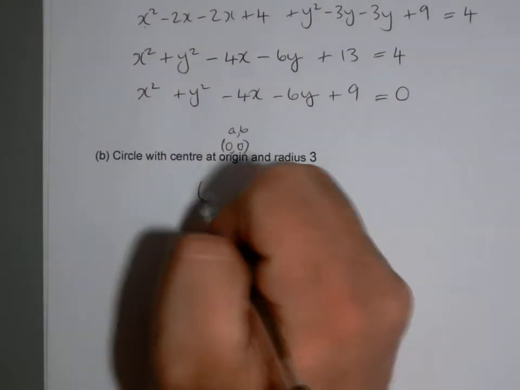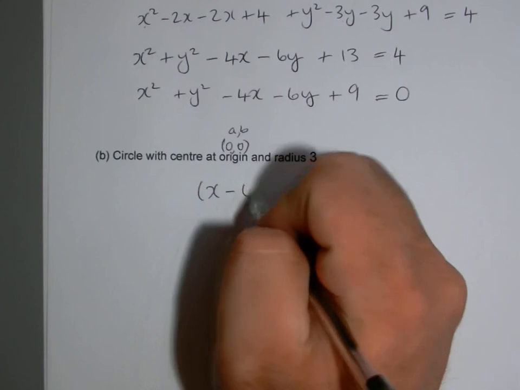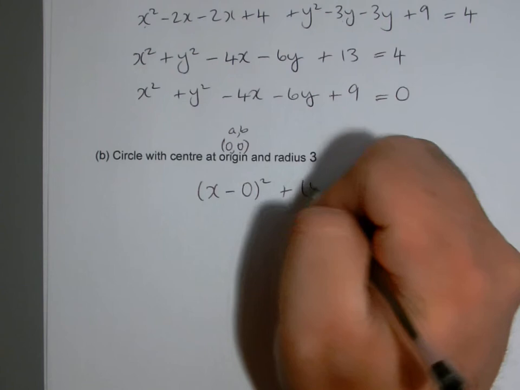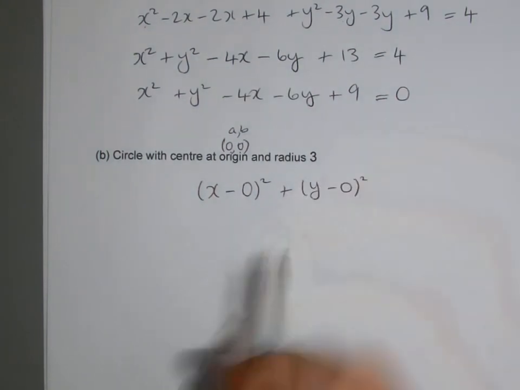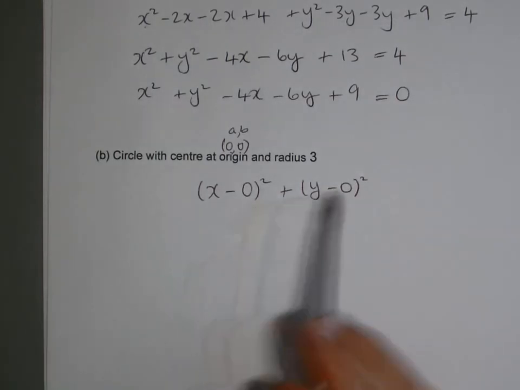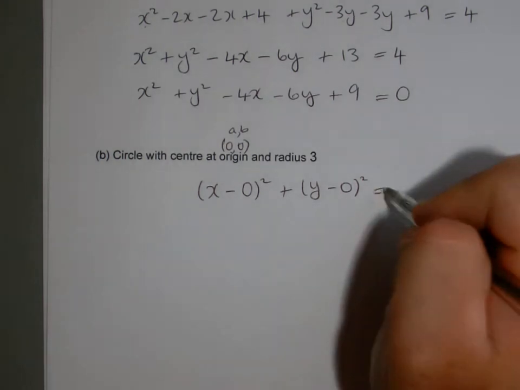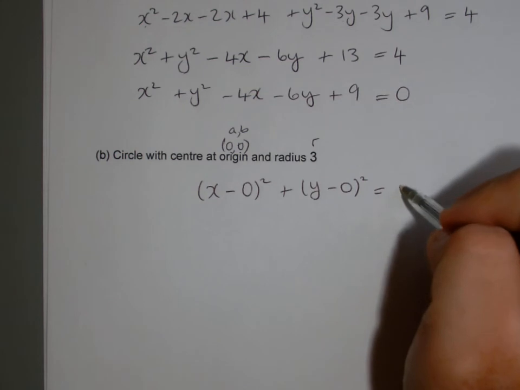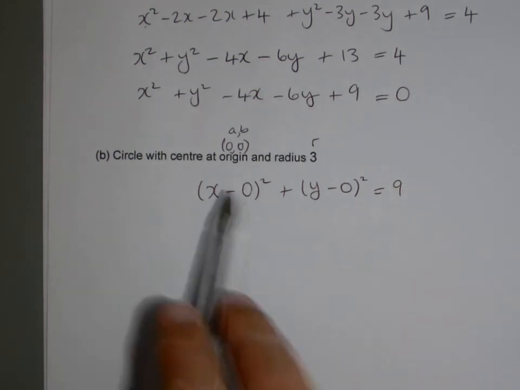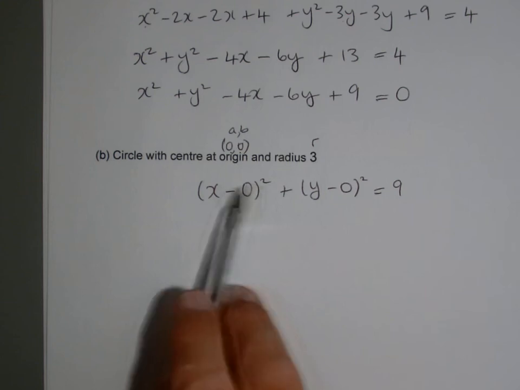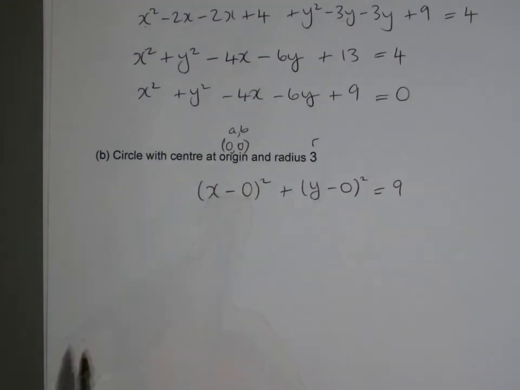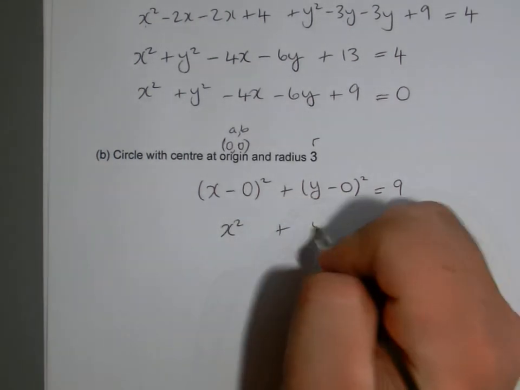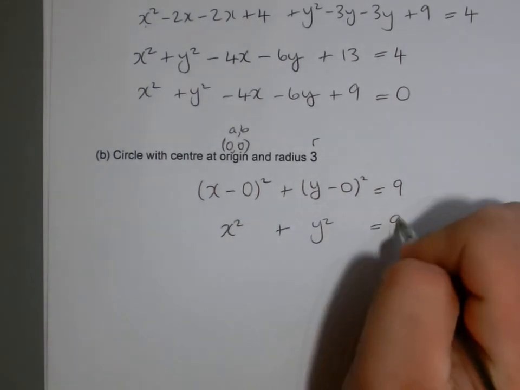So when I put it into that formula, I have (x minus 0) all squared plus (y minus 0) all squared, because it's the origin, and there are your a and b values, equals then, well, your radius is 3, so remember we've got to square it, r squared, so that will be 9. Now, what's great about this is I don't need to expand this, because x minus 0 is just x, so that's just going to be x squared. This is just going to be y squared, and that equals 9.